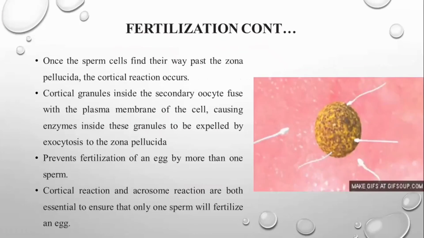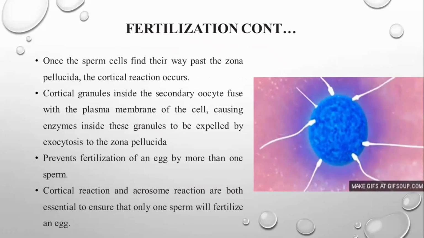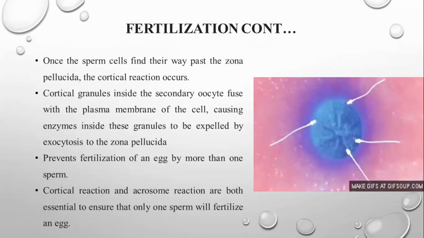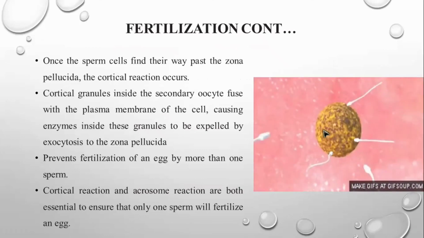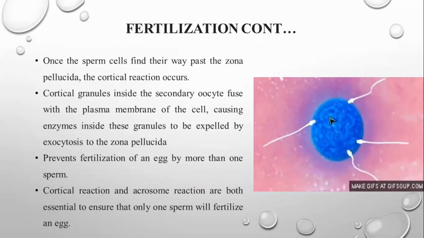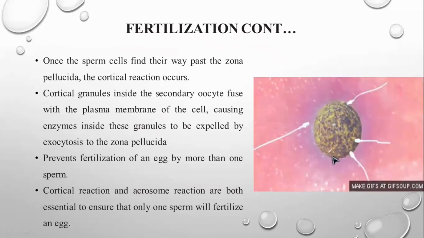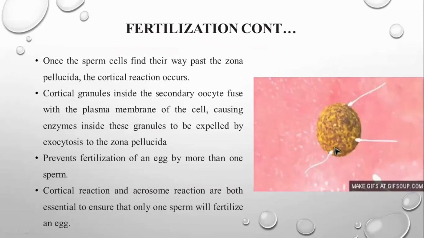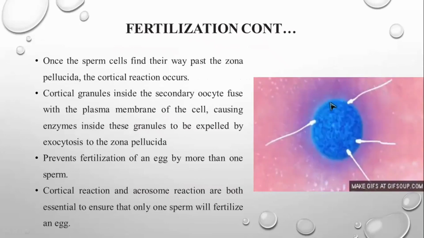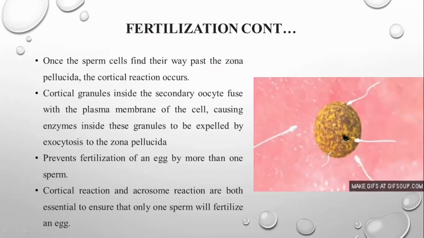Right. Once the sperm cell finds its way through the zona pellucida, the cortical reaction is going to occur. You can see the diagram. This is a normal ovum, the orange and yellow colored one. Once the sperm disintegrates, this is the winner of this race. When it enters the ovum and disintegrates, immediately it creates a concrete wall-like reaction.